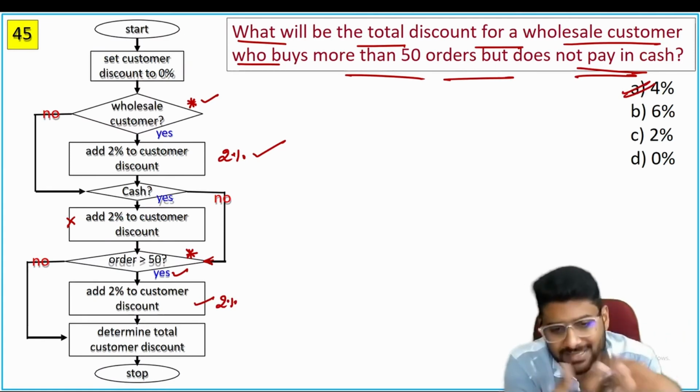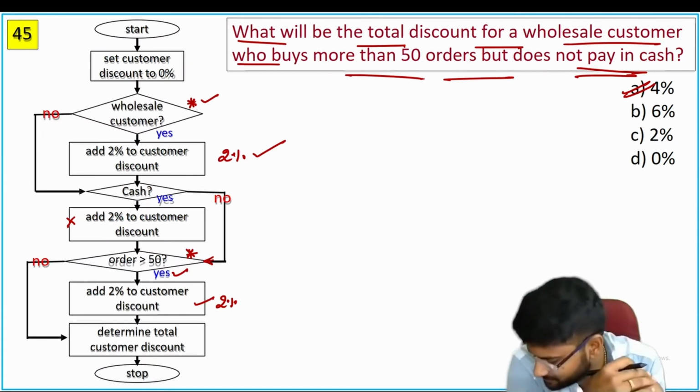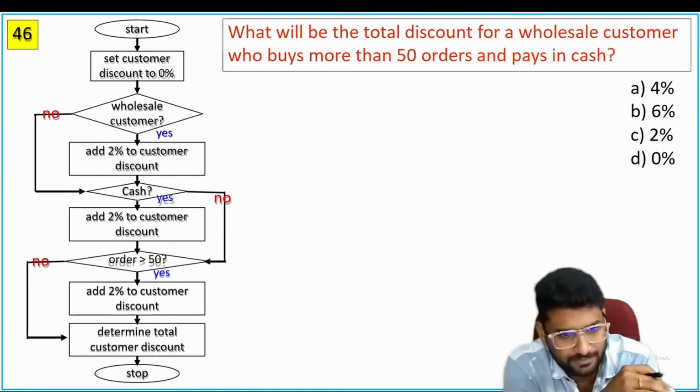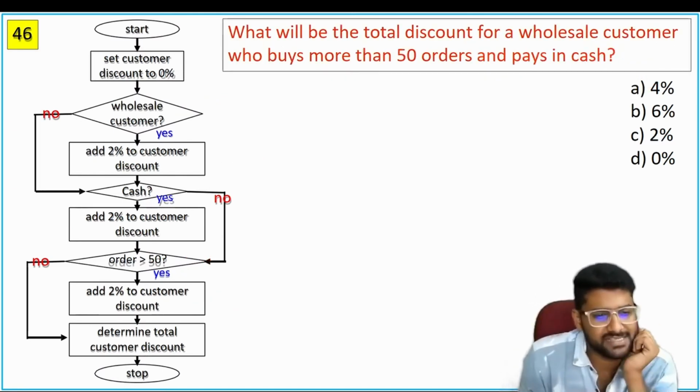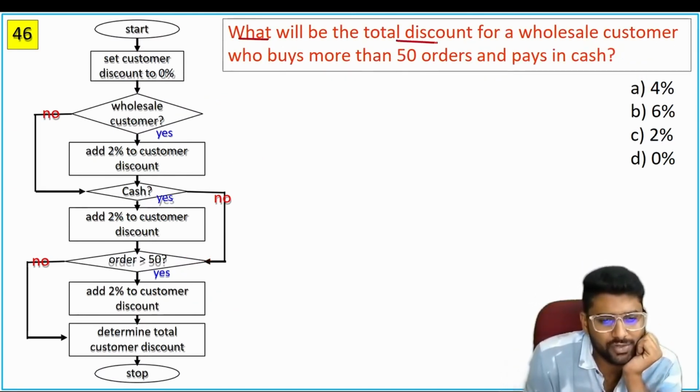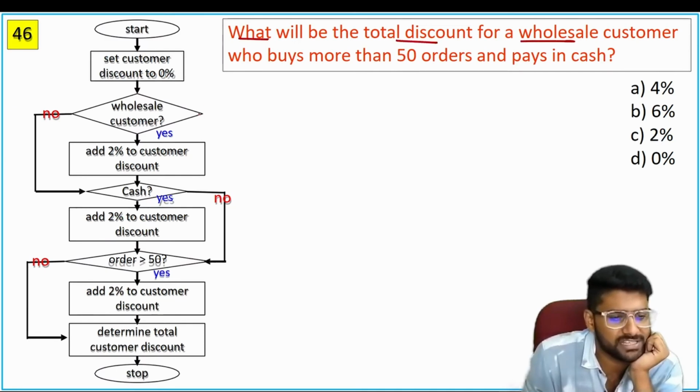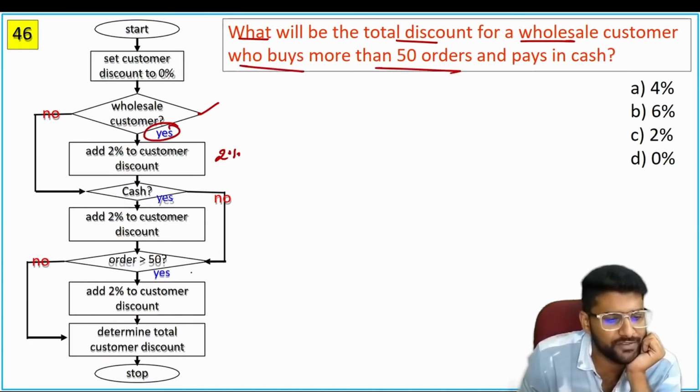It's all about yes or no. I mean, again, read that information carefully. Now, again, see this question. What will be the total discount of a wholesale customer? Yes, wholesale customer, that person gets 2% discount. Who buys more than 50 and they pay in cash? Yes, they pay in cash.